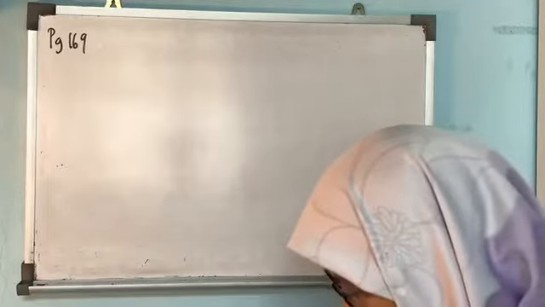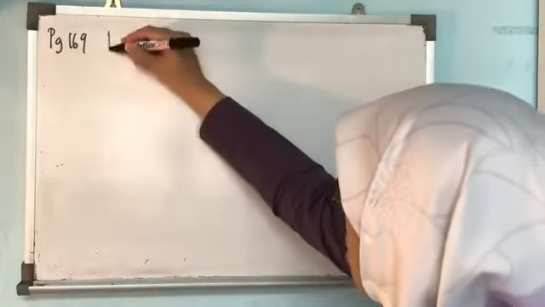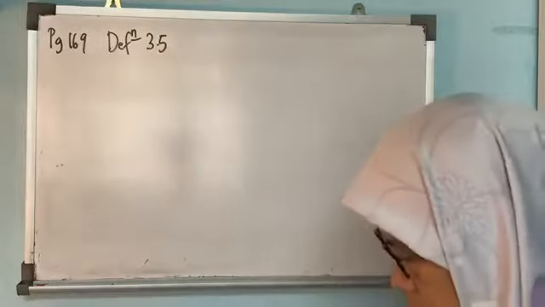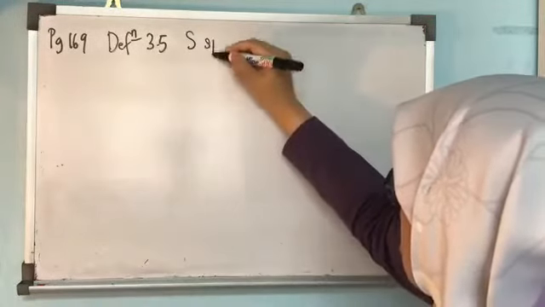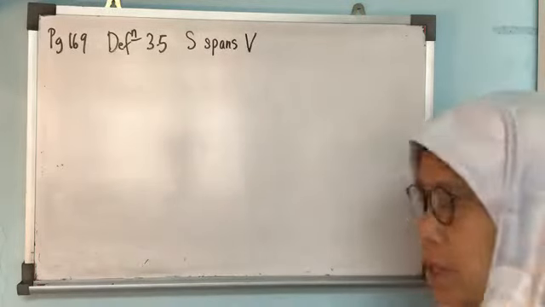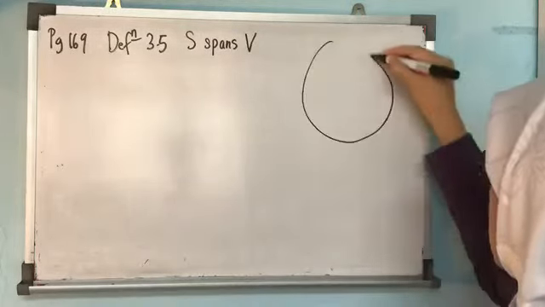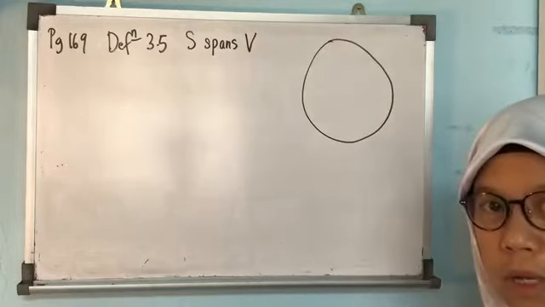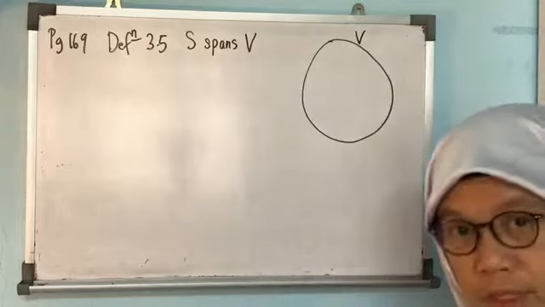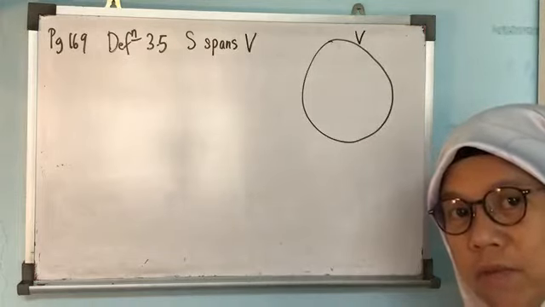Okay, page 169, definition 3.5. Okay, S spans V. You remember the diagram that we have earlier? V is the whole vector space, and there are 4 types of vector space.